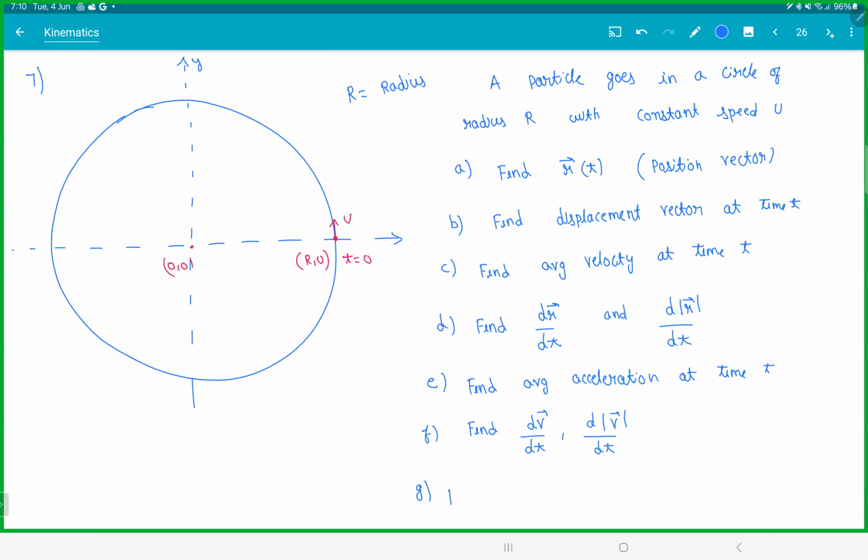Find integral 0 to pi r by u of v bar dt, and integral of mod v bar dt from 0 to pi r by u. There. Then in total 8 equations. And there are 10 parts.